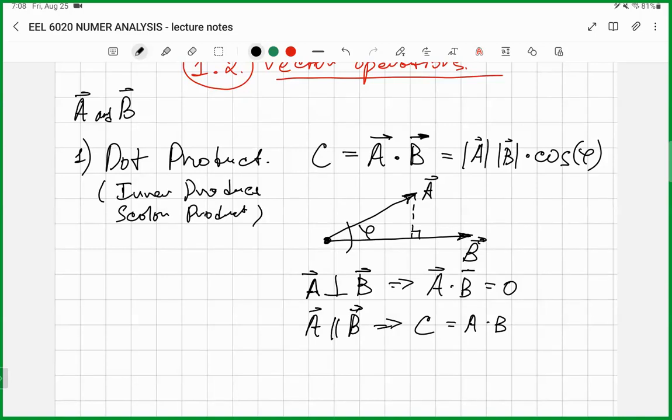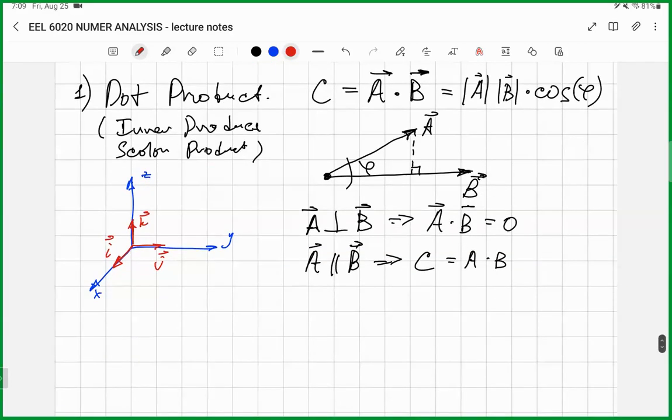What's also important to remind here is that, for example, for our coordinate system x, y, and z with unit vectors i, j, k, right, these i, j, k unit vectors are also vectors, so what's the dot or inner product of them?